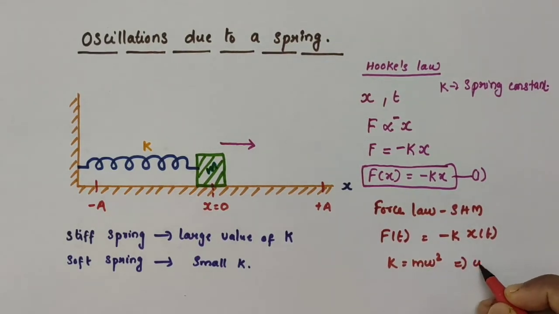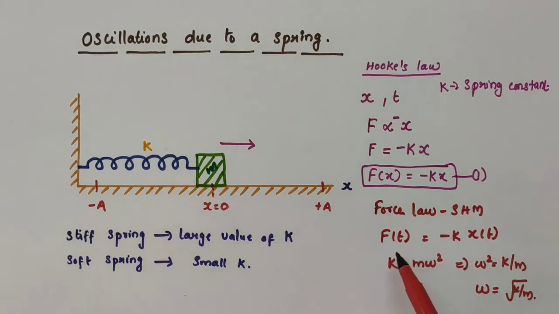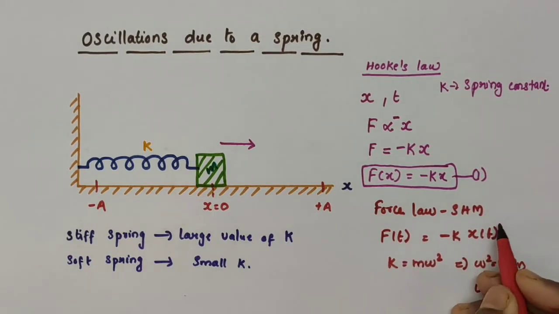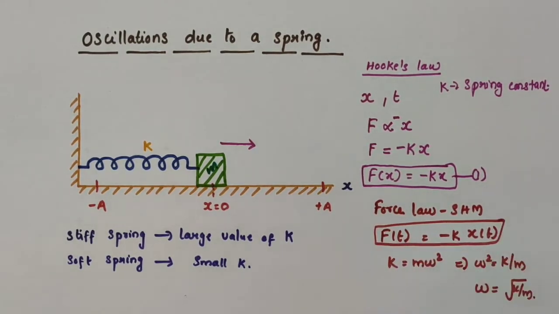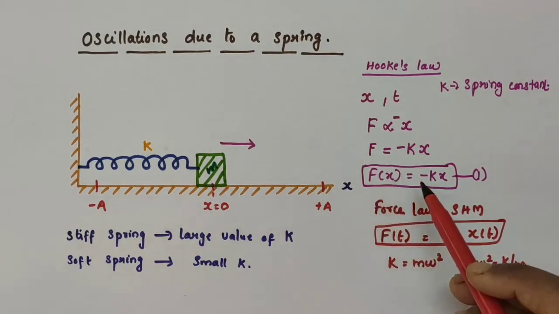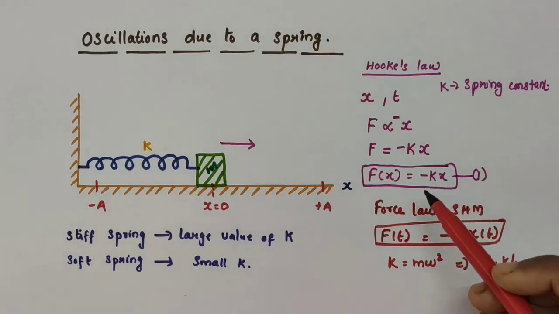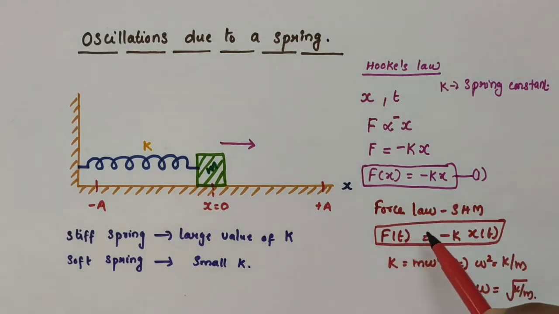From this we can write omega square is equal to k by m, or omega is equal to square root of k by m. I hope you remember this. Otherwise, I will provide the link in the description box. You can watch that. See this equation F is equal to minus kx. It is the same as the force law for simple harmonic motion.